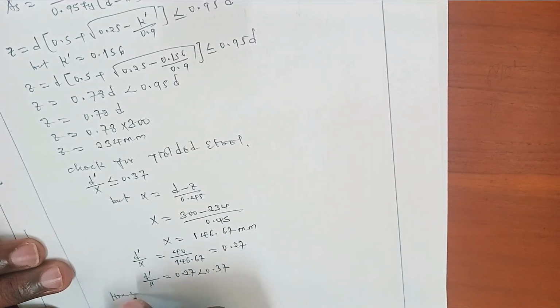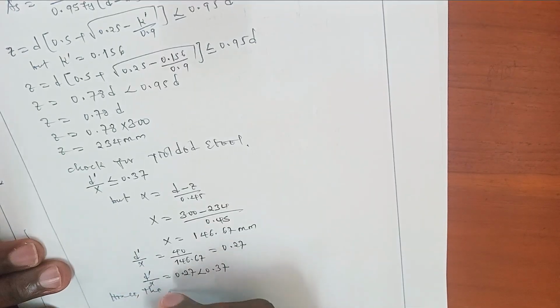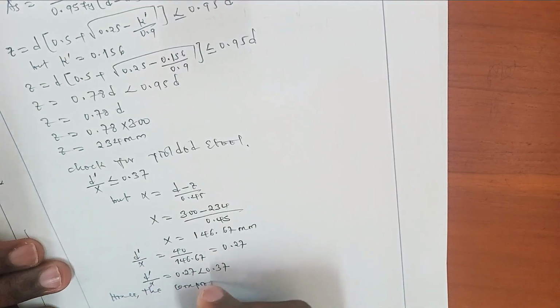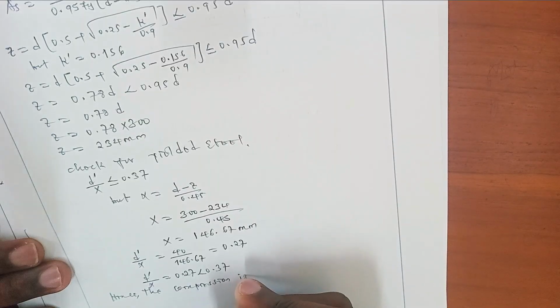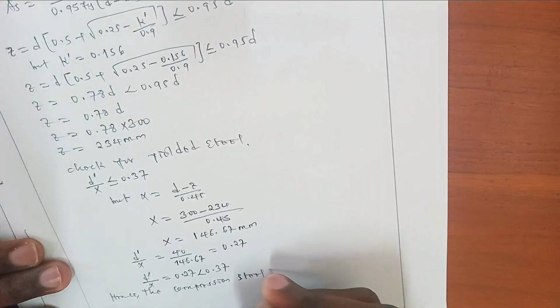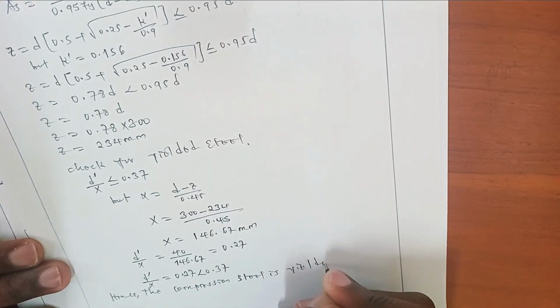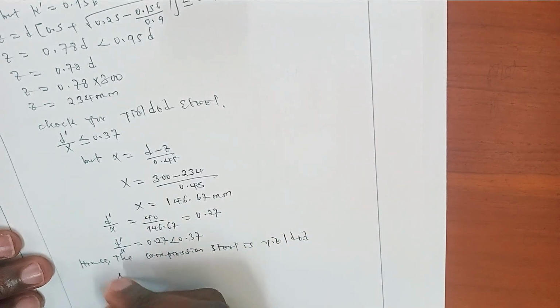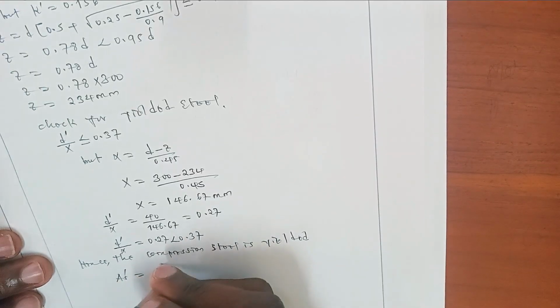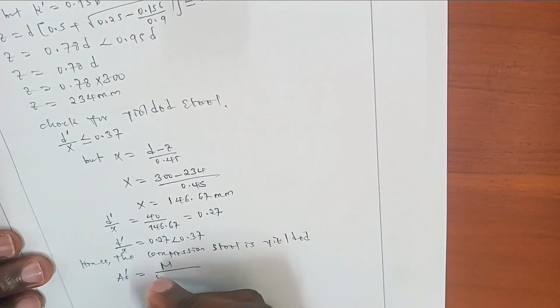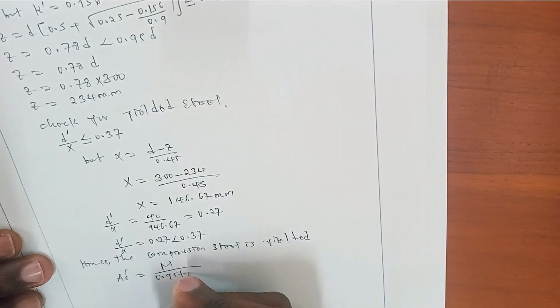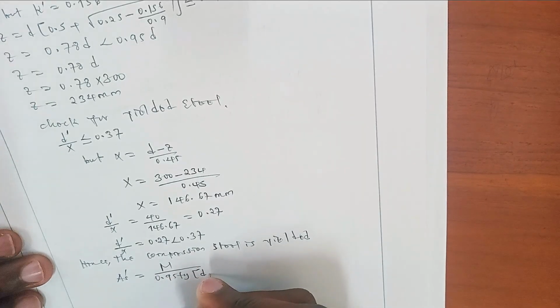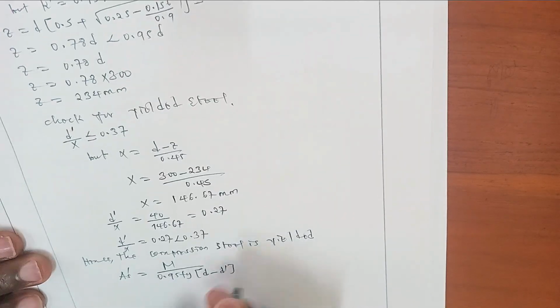Hence, the compression steel is yielded. Since it is yielded, now we use Fy directly into this equation so as to determine the area of compression, which is given by this formula, over 0.95 Fy times effective depth at compression zone.